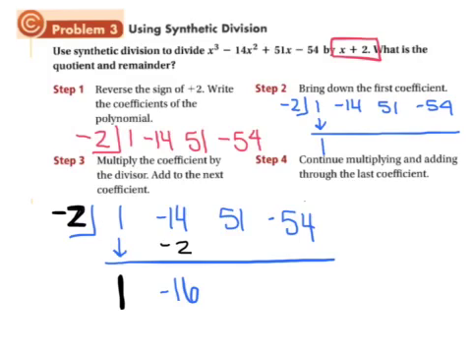And then step 4, I'm not going to rewrite it, but it says continue multiplying and adding through the last coefficient. So what we do is we just repeat that process. Now we're going to take the negative 16, multiply it by the divisor, negative 2, list it, and then add.